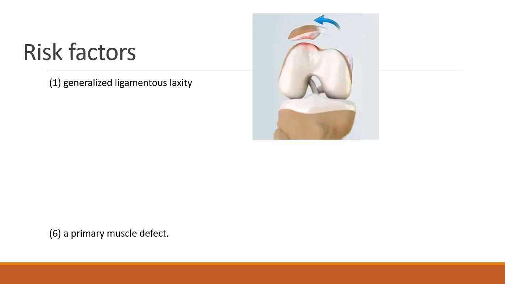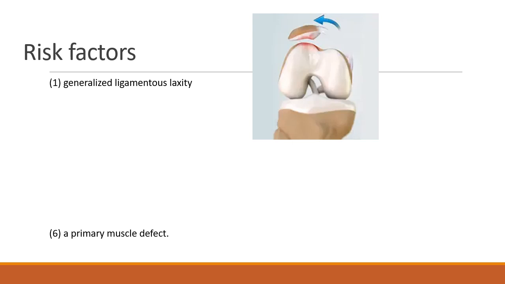What are the predisposing factors for patellar dislocation? Now, any generalized ligamentous laxity can cause an increased excursion of the patella laterally, rupturing the medial patellofemoral ligament, like Marfan syndrome, Ehlers-Danlos syndrome. If there is a primary muscle wasting and defect, especially in the vastus medialis, that is a dynamic stabilizer, it pulls the patella medially and prevents it from lateral dislocation.